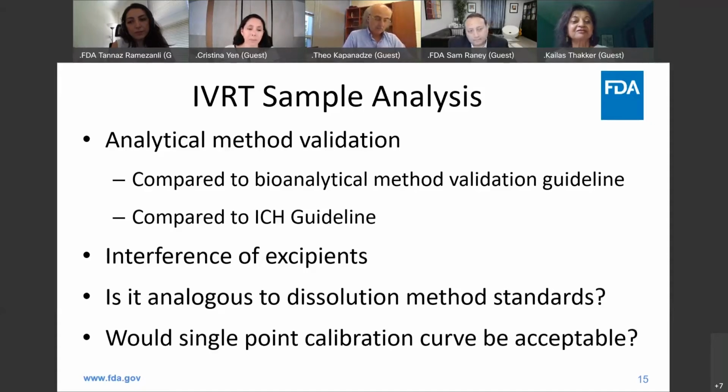That's the only thing I would say about the bioanalytical method validation guideline. But apart from that, the linear curve and using that, it definitely makes it a more comfortable method to use.